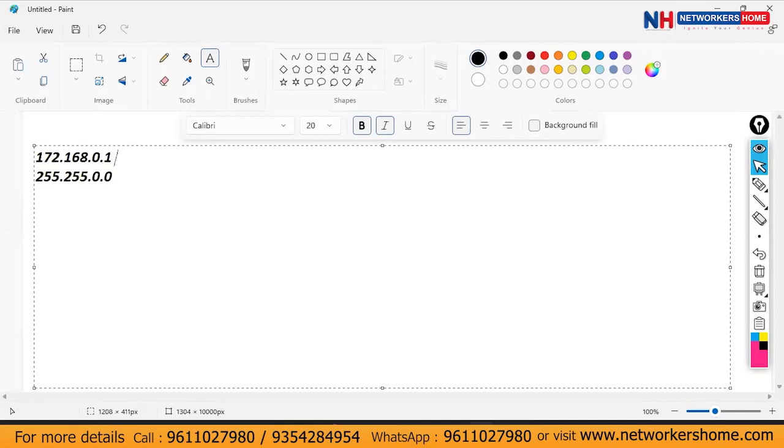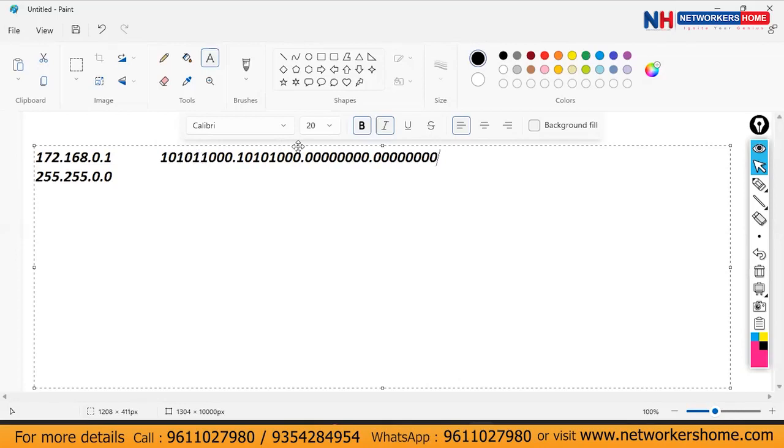Again, if you write this in binary, what will be the binary for 172? 128 plus 64 is 192. Okay, so for 172, check the binary: 128, 32, 160, 168, 172.